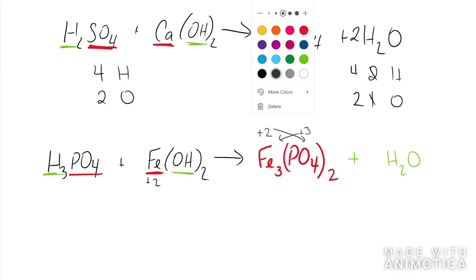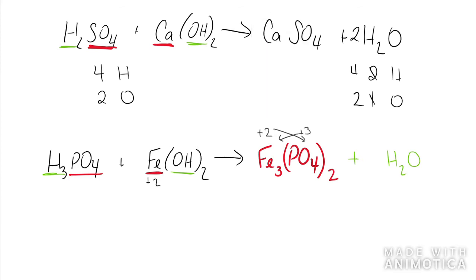Now let's look at the balancing. 3 hydrogen, 1 PO4. So I've been keeping the polyatomics together just because they show up on both sides. It doesn't work with OH because that's part of the H2O afterwards.